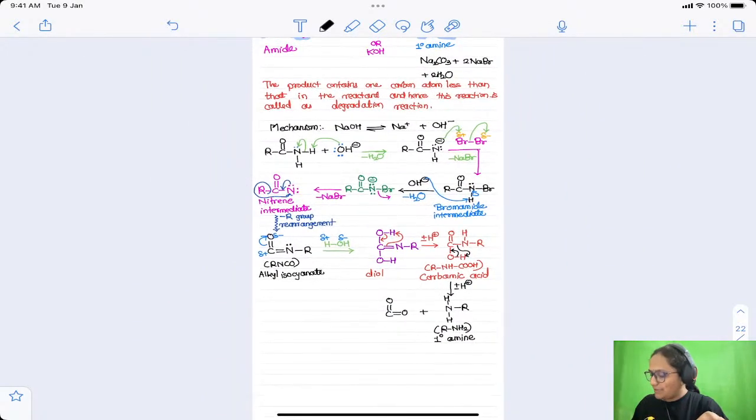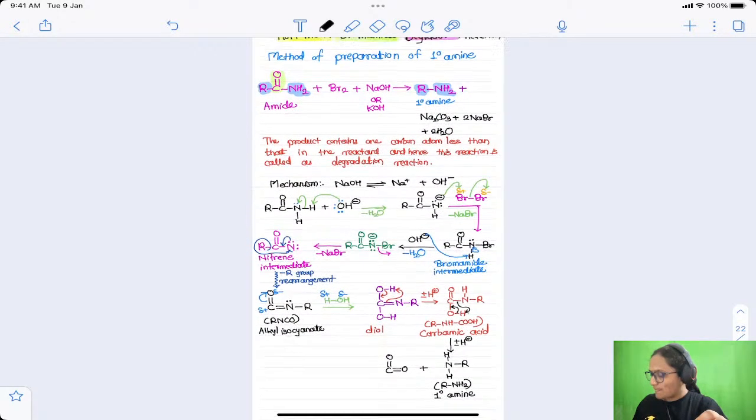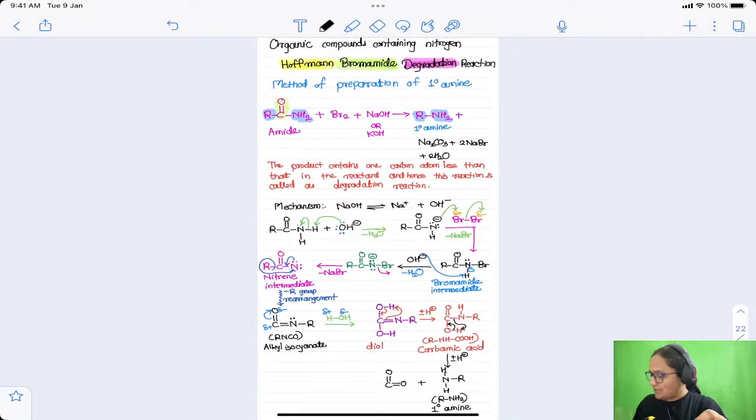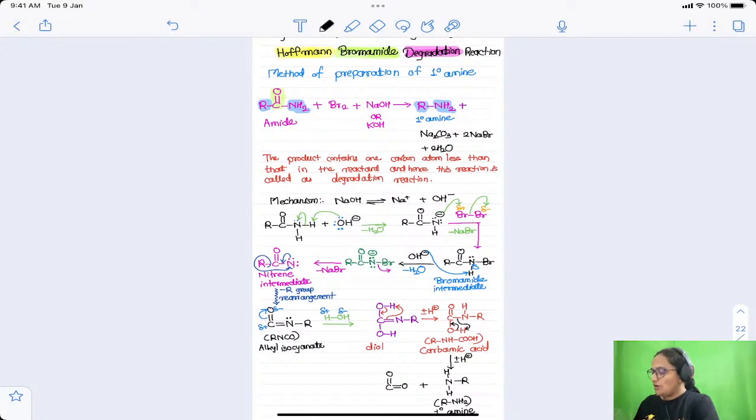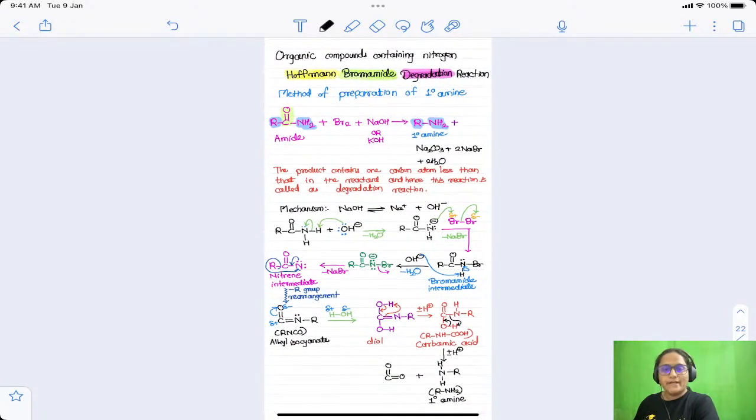You can do one thing. You can first take a screenshot of this reaction. You will never get such a kind of representation for the Hoffmann bromamide reaction in any textbook. You can take a screenshot of this reaction first of all, and then I will explain the reaction one more time.